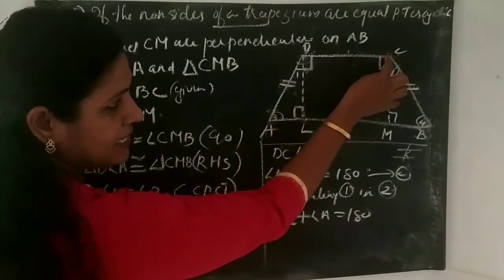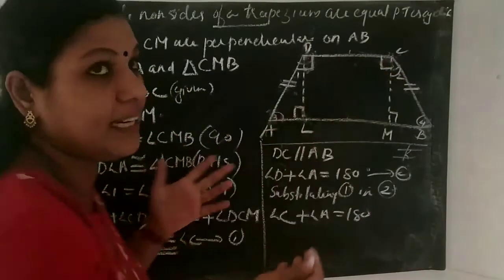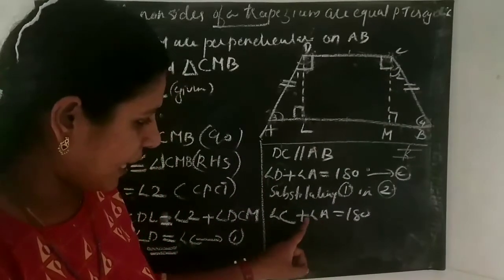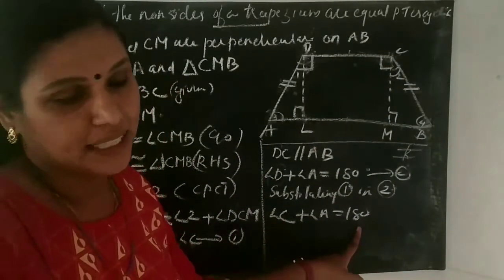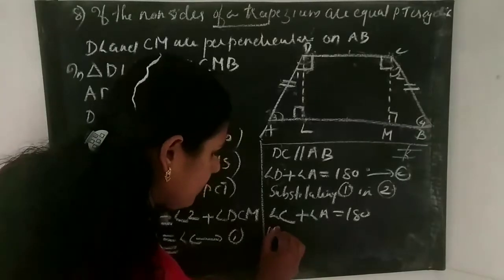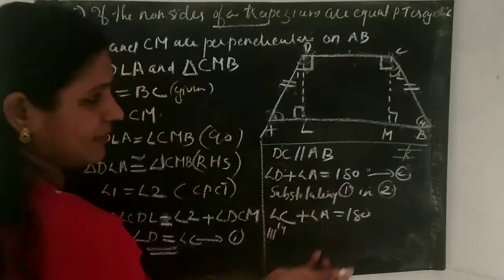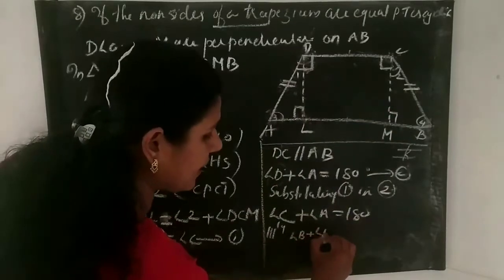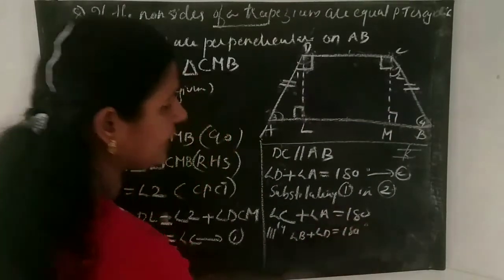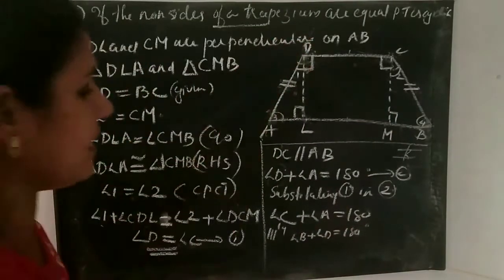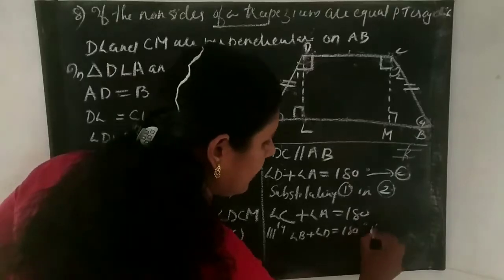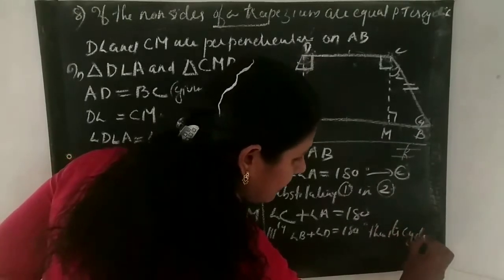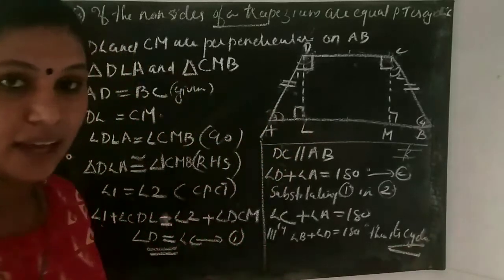Angle A plus angle C equals 180 degrees. Then we can say that it is a cyclic quadrilateral. Similarly, the other one, angle B plus angle D equals 180 degrees. Then it is cyclic. Okay, understood.